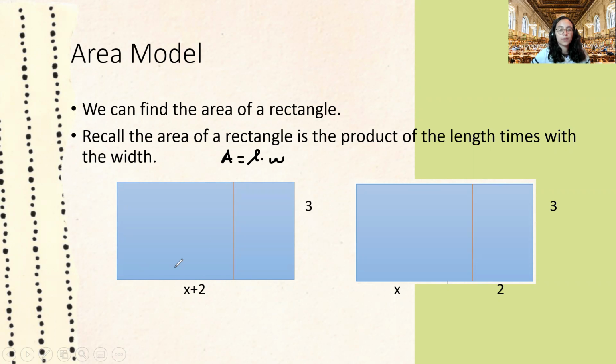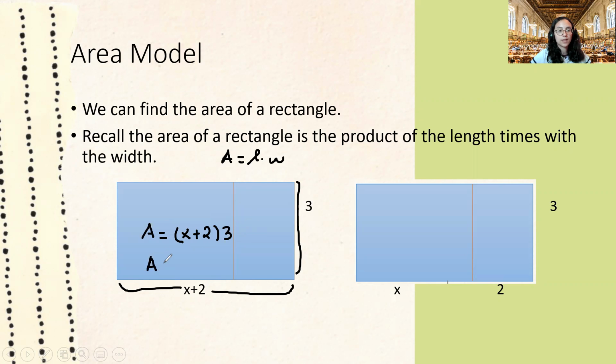So if we wanted to apply this to these rectangles here, this whole length would be x plus 2, and then this whole side would be 3, right? So how would we express the area of this? It would be the length times the width. So my length is x plus 2, and all of this would be in the parentheses times 3. So this would be our area.